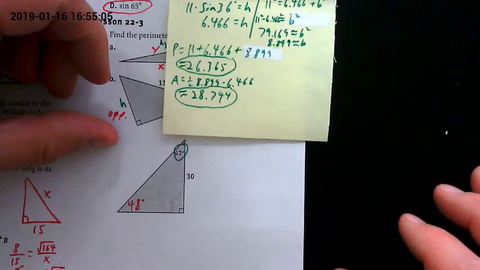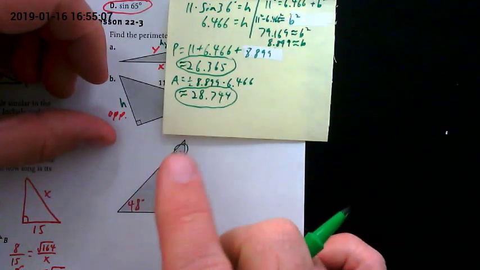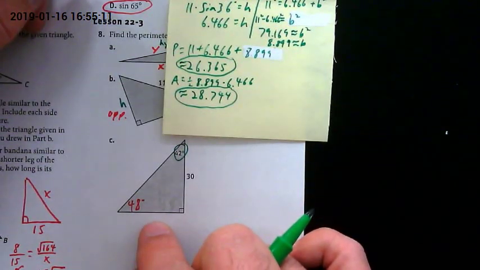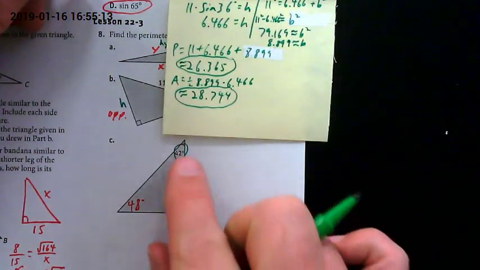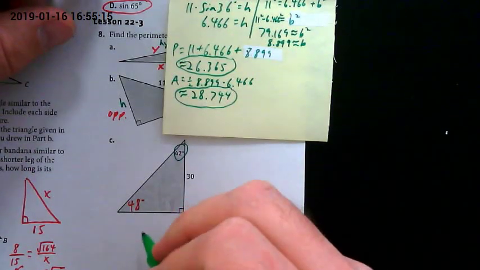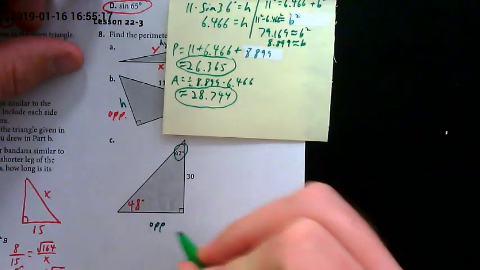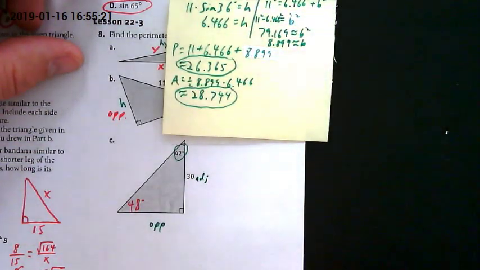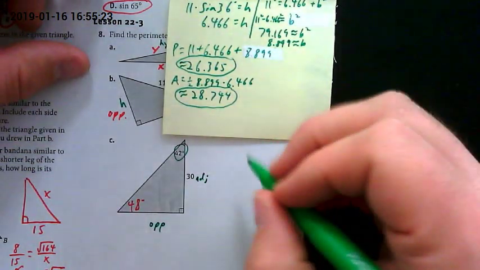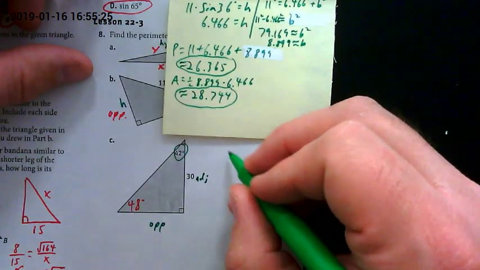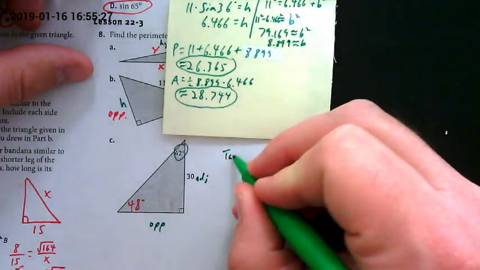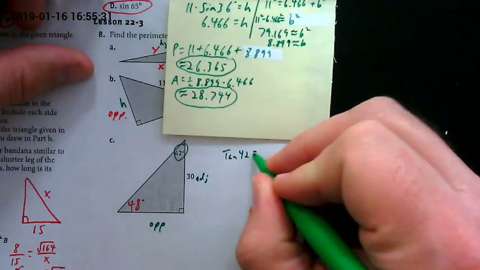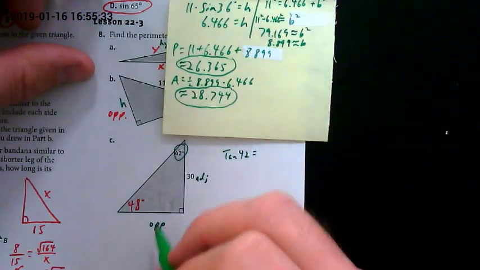Let's say we do our side over here. All right, I'm going to do this side first this time. So, if I use the 42, this is opposite, and this is adjacent. So I'd be using tangent, right? So I'd have tangent of 42 equals this unknown side.